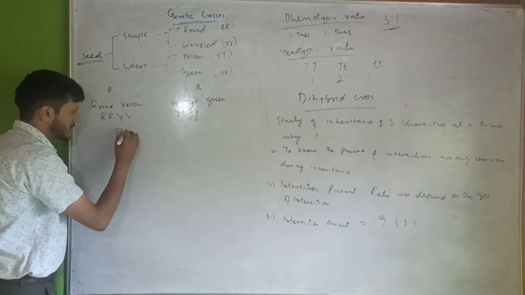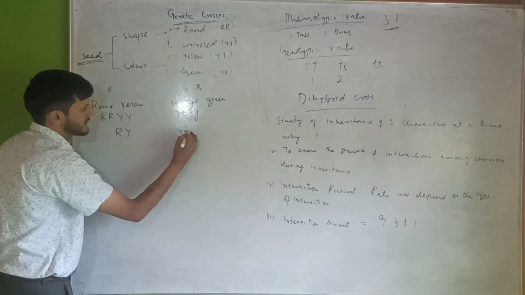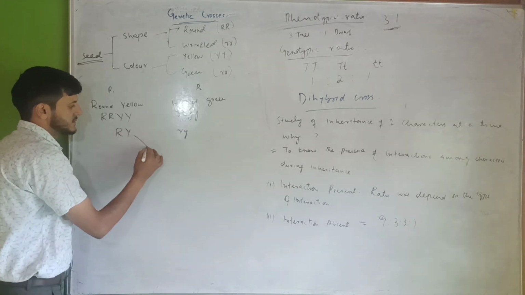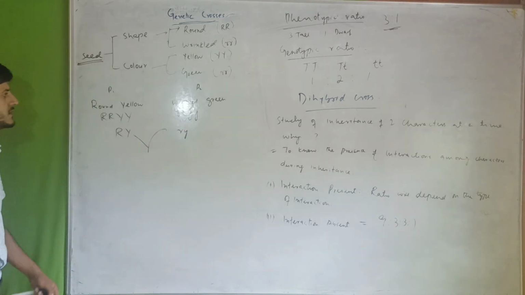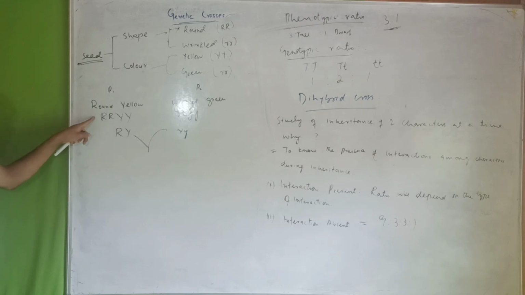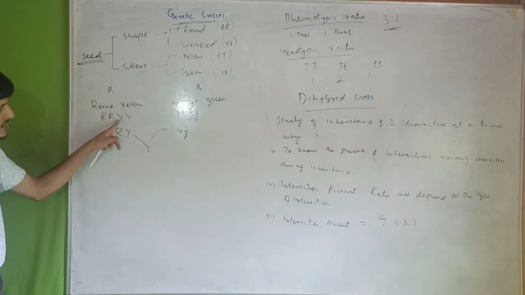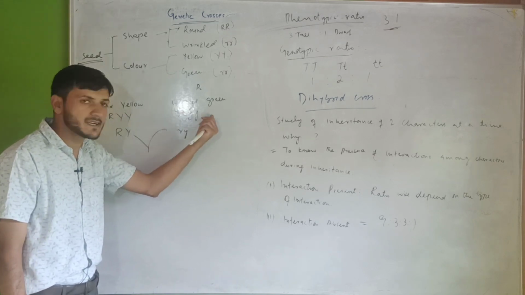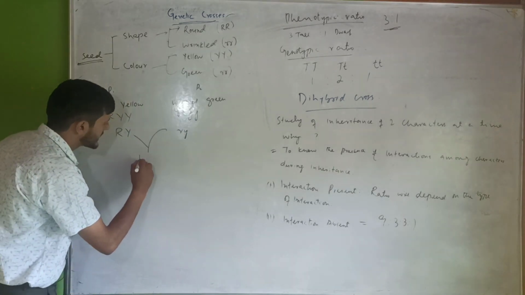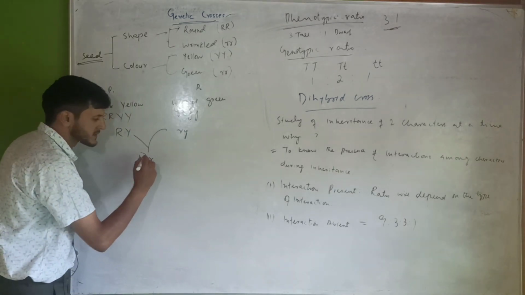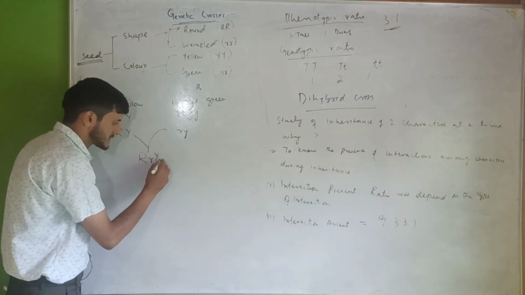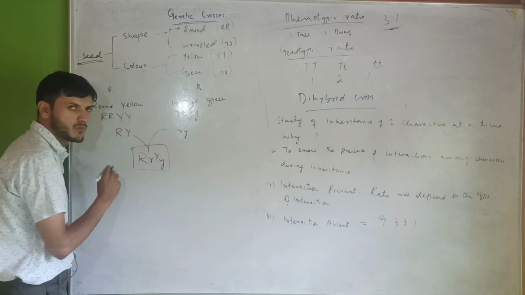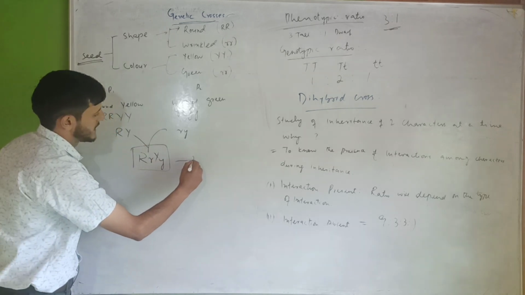The round yellow parent is crossed with the wrinkled green parent, and we get the F1 hybrid: capital R, small r, capital Y, small y, round yellow.